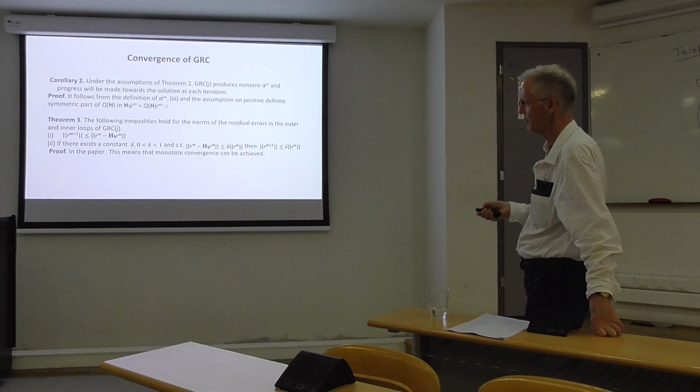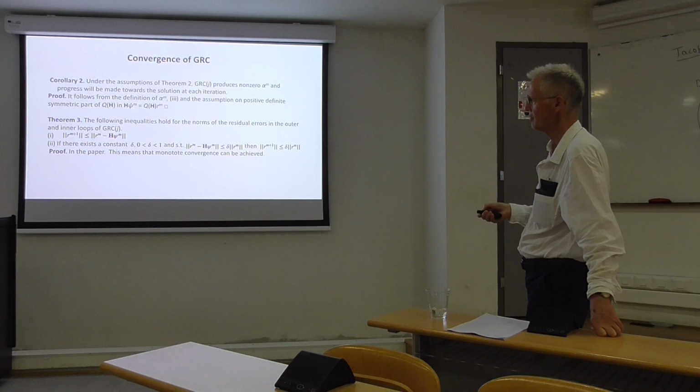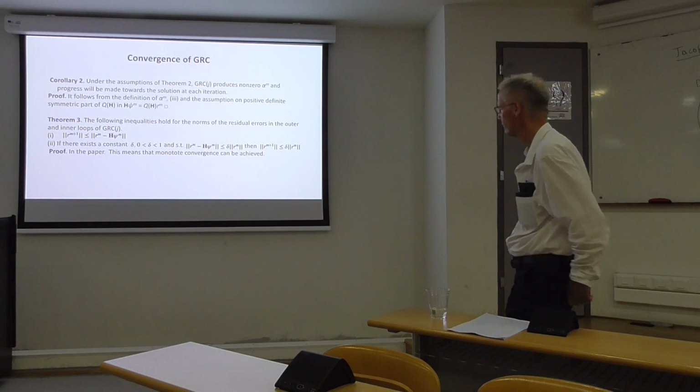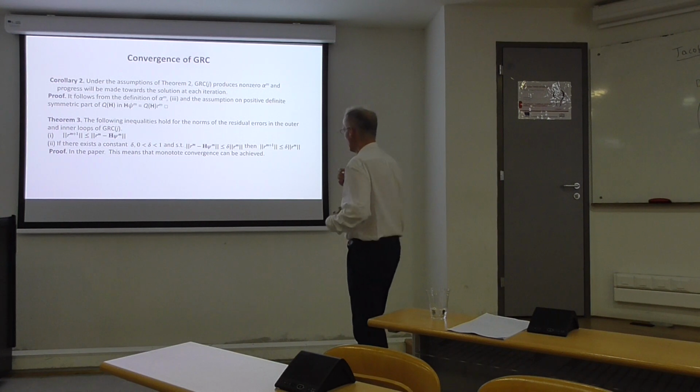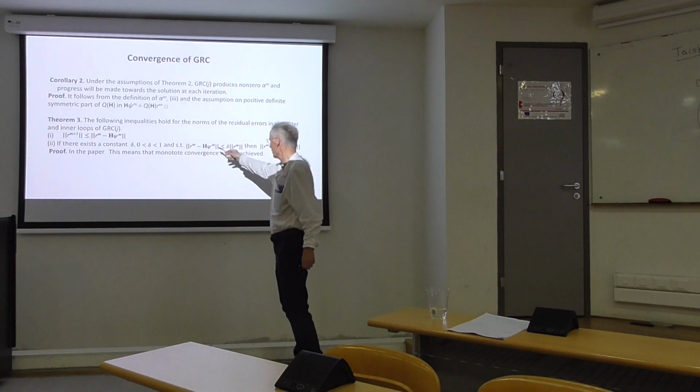Okay, and so if you have a good but not still coarse approximation, not a very fine approximation in the inner loop, that is, you do some approximation but not to the tolerance that you want in the outer loop, that means that you have a constant delta less than 1 and positive, so that you have this inequality.